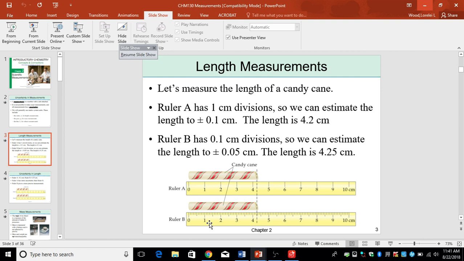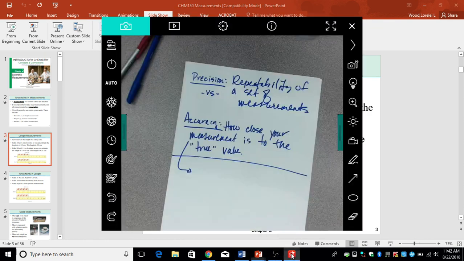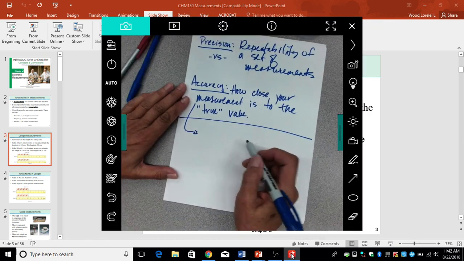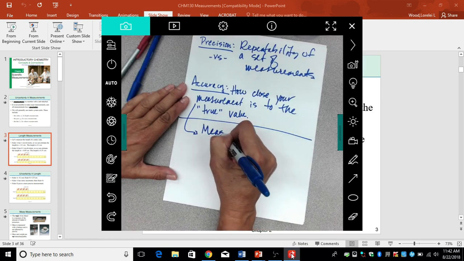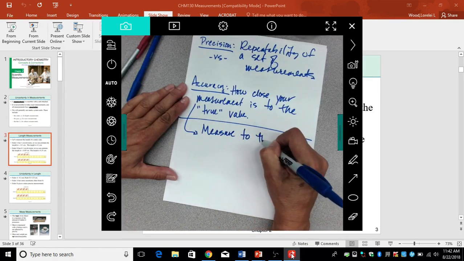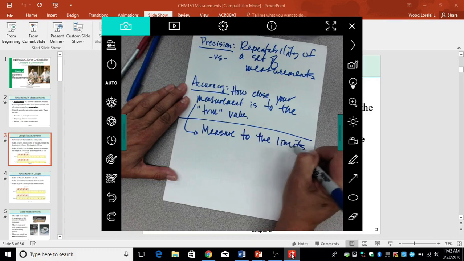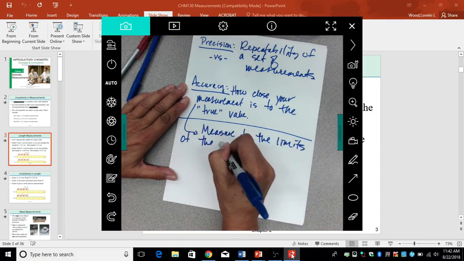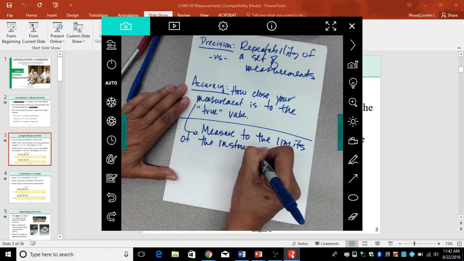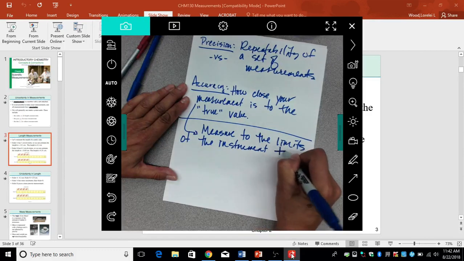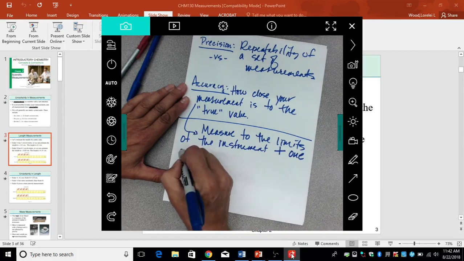However, this brings up an important topic. When you're making measurements, and this is something you should write down, and this is a sort of a subtext of accuracy, what you need to make sure is that you measure to the limits of the instrument plus 1 that is estimated.